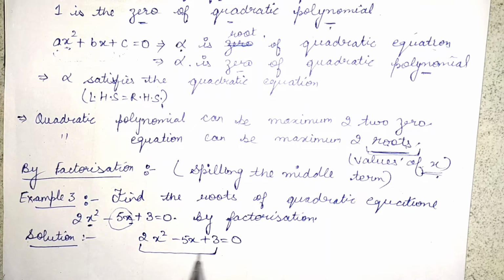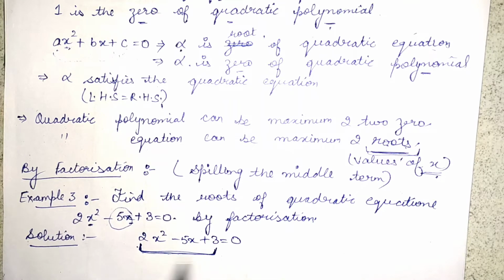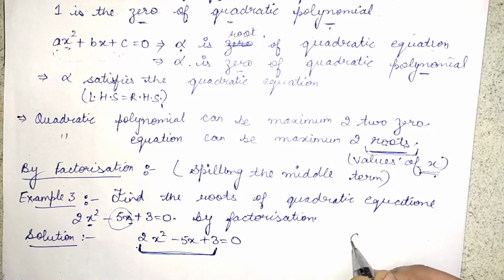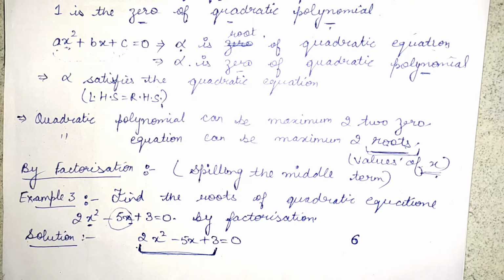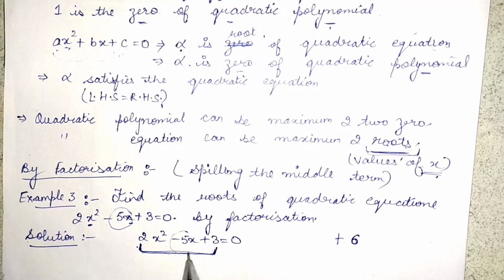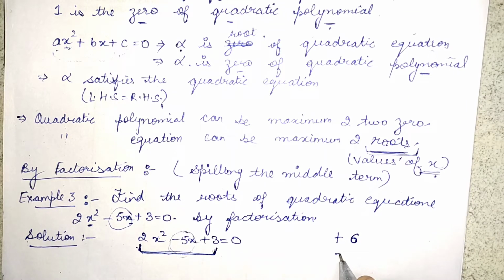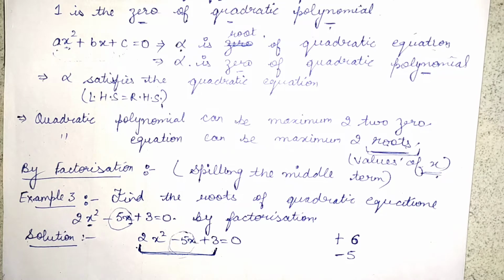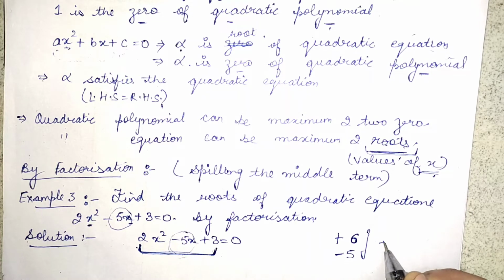We have to choose two values such that their product is equal to the product of 2 into 3, which is plus 6, and their addition gives the result of minus 5. So what can these two values be?